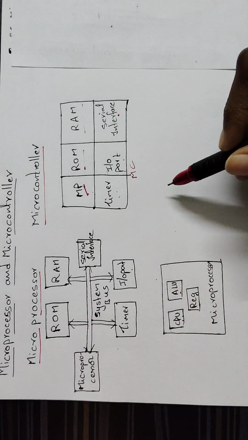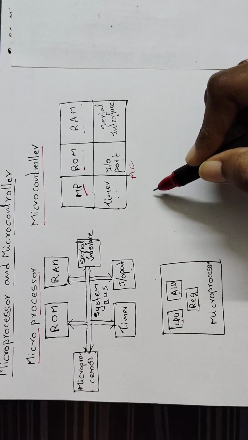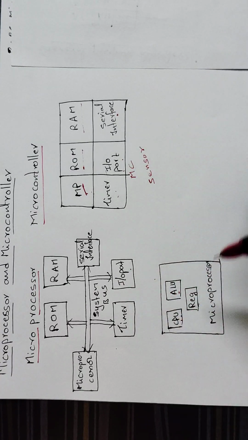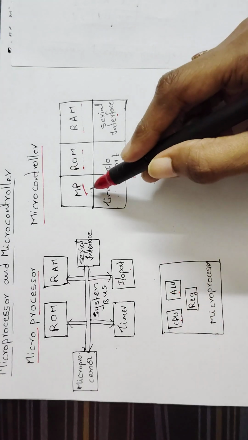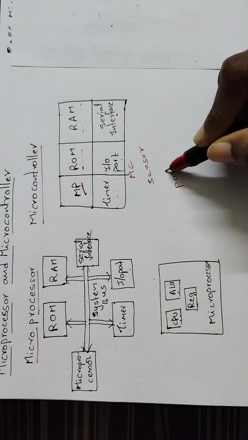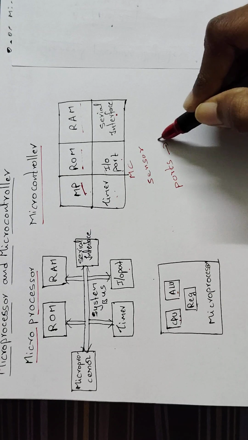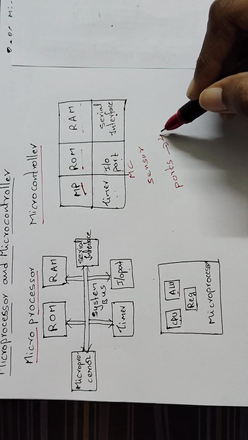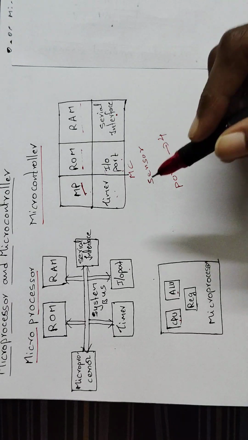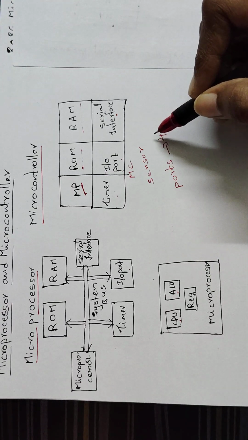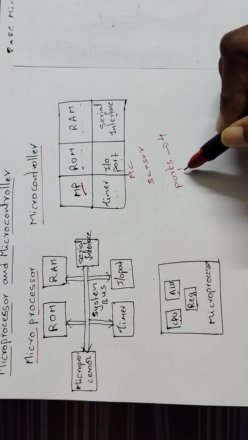For example, if you interface a sensor, the microcontroller has inbuilt ports, typically four ports. We have to interface any external sensors or devices externally through ports.